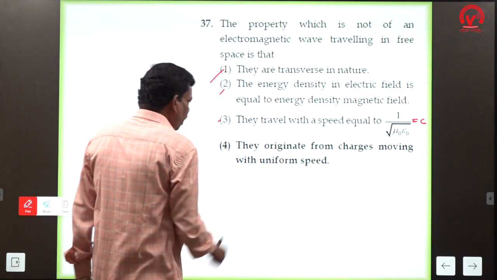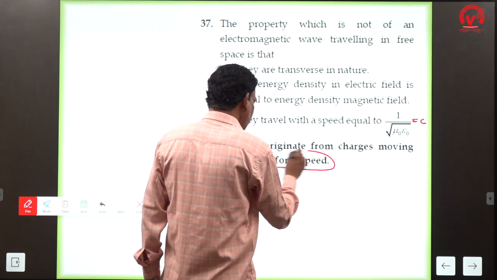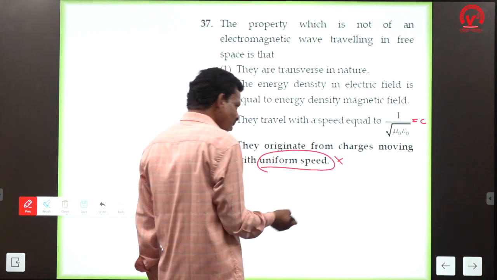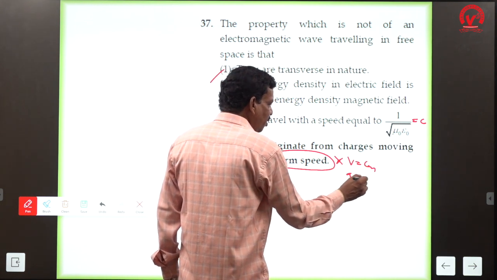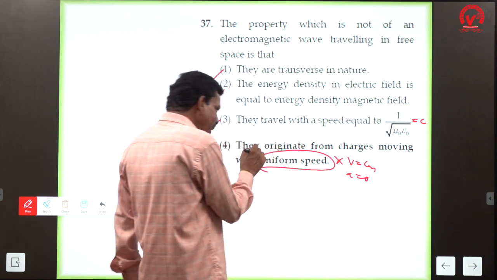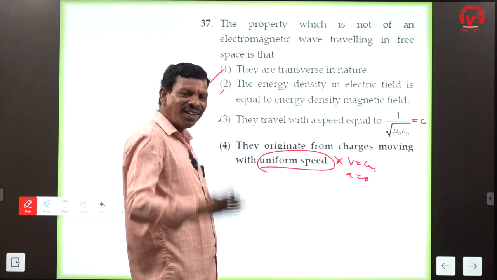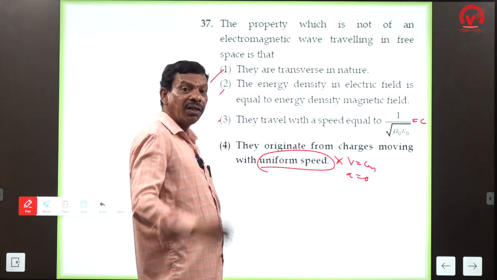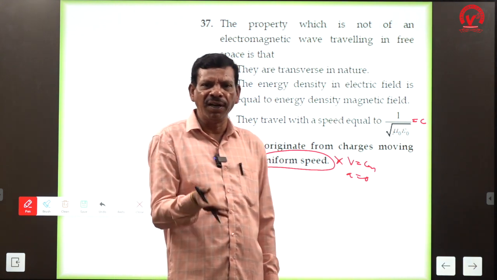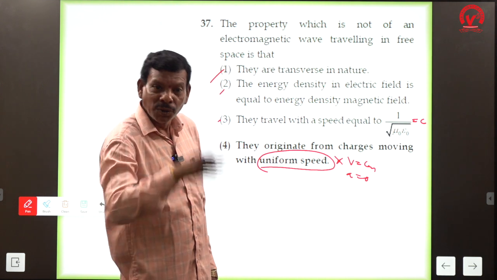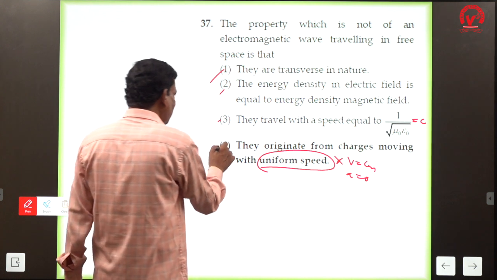It is also correct. They originate from charges moving with uniform speed. Uniform speed means velocity is constant, and constant velocity means acceleration is 0. But accelerated charges produce electromagnetic waves. Charge at rest gives only an electric field. Charge in motion with constant velocity gives both magnetic field and electric field. When a charge is accelerated, there is electric field, magnetic field and also electromagnetic radiation, so this option is wrong.